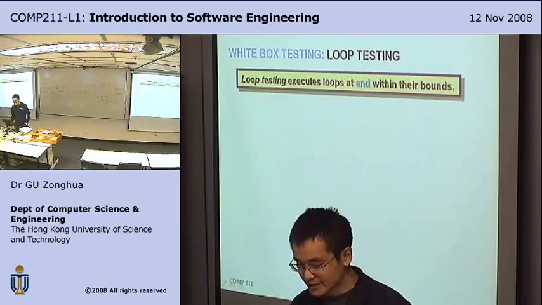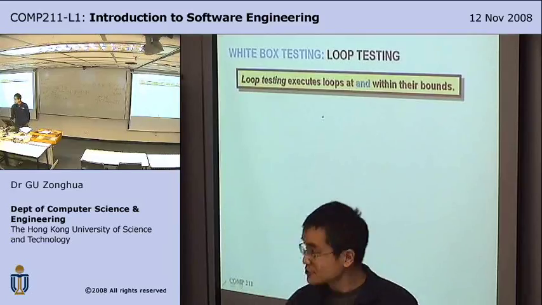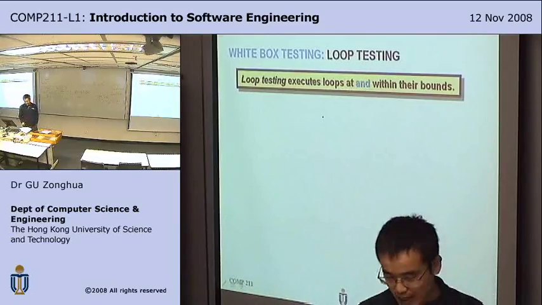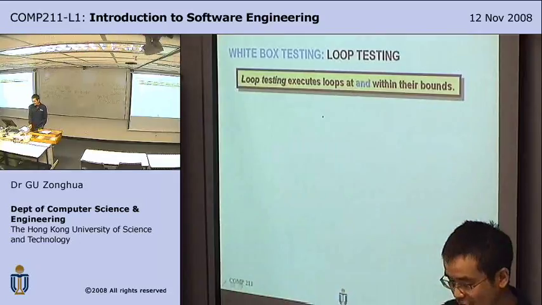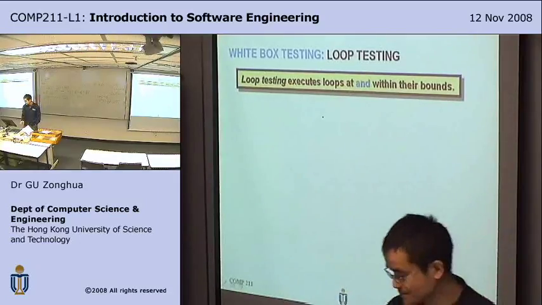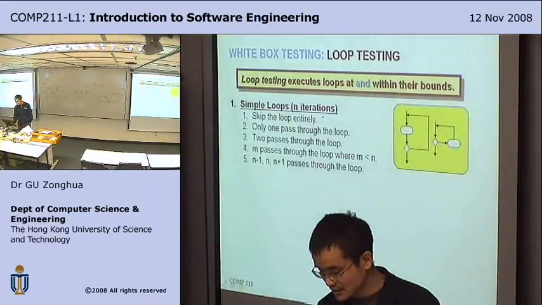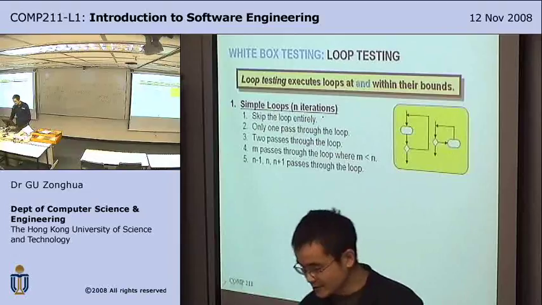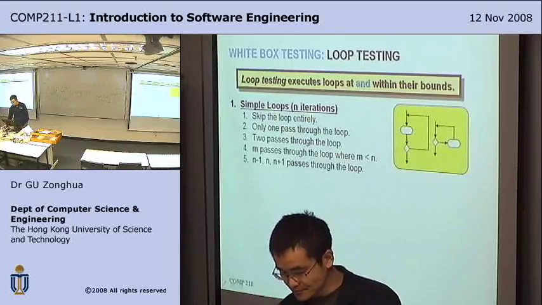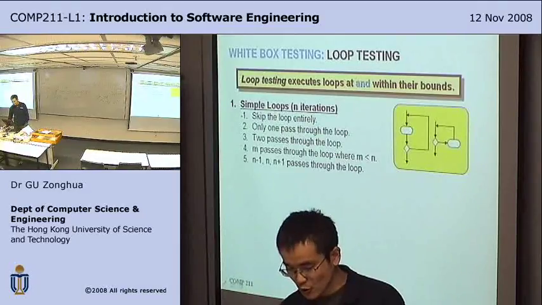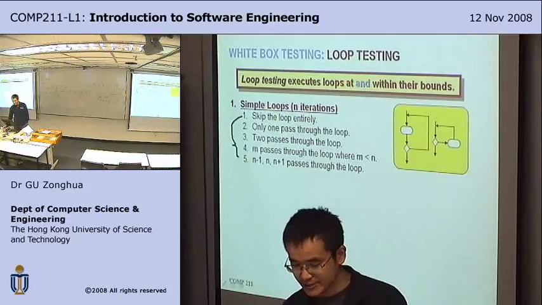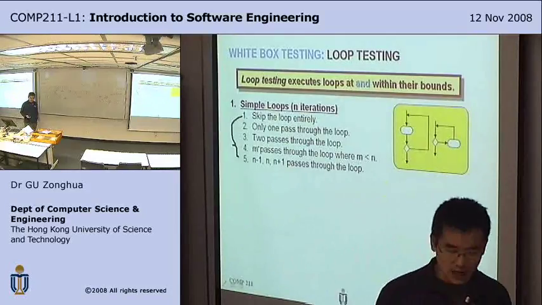So loop testing is to test loops at and within their bounds. So you have, say, a simple loop. You should try these 5 cases. First, you skip the loop entirely.